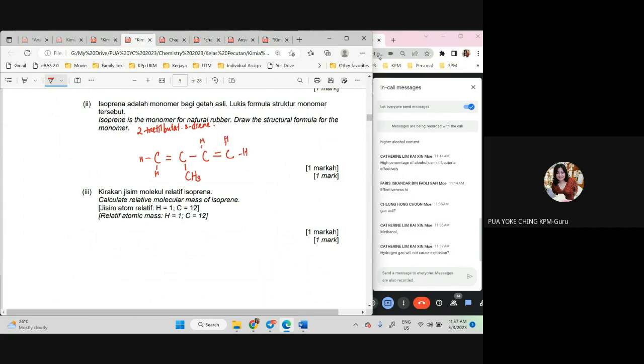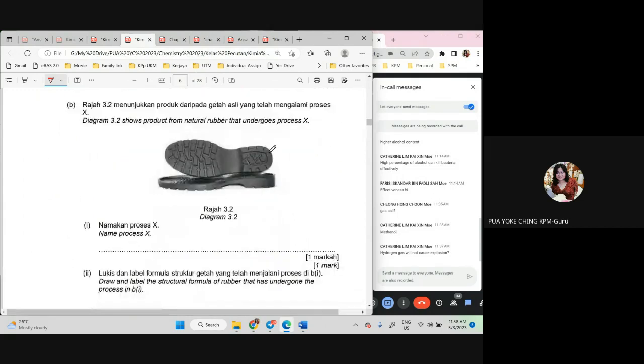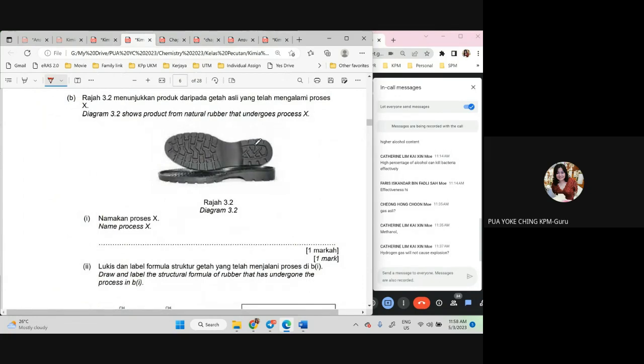So relative atomic mass: there are 5 C, 5 times 12 plus 8 H, 8. So it's 68. No unit because it's relative atomic mass. So polymer questions usually ask about natural rubber undergoing process X. So natural rubber will become vulcanized rubber.